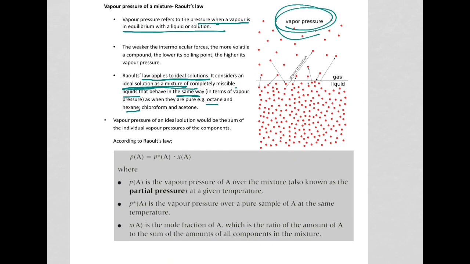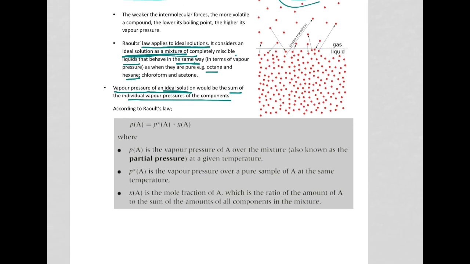And the vapor pressure of an ideal solution would be the sum of individual vapor pressures of the components. So this is Raoult's law for one component, where PA is the vapor pressure of A over the mixture, P star A is the vapor pressure over the pure sample, and XA is the mole fraction.